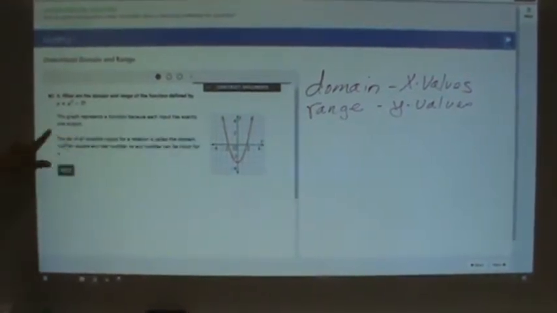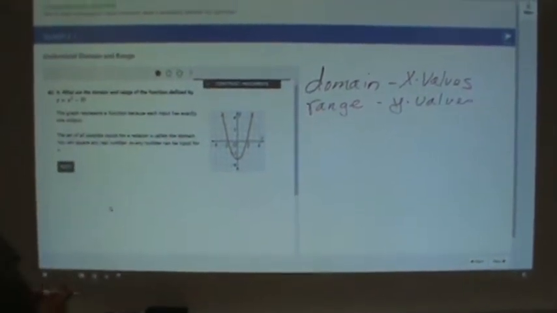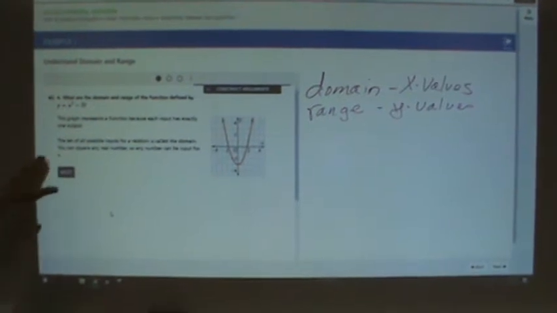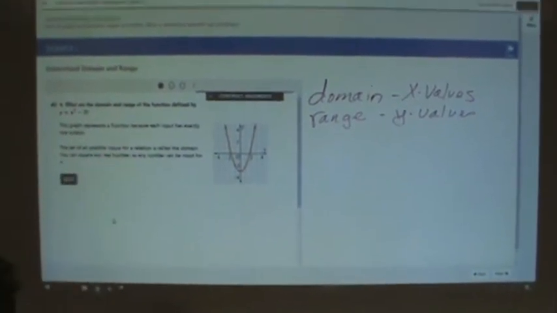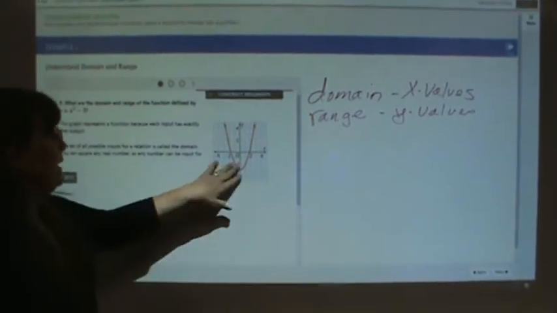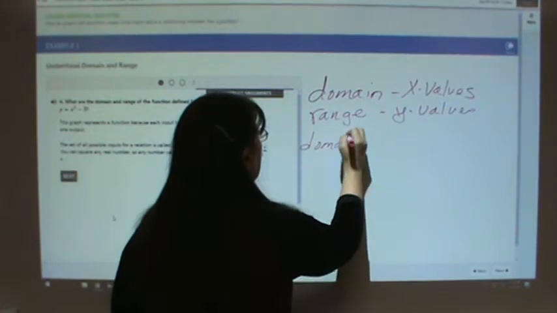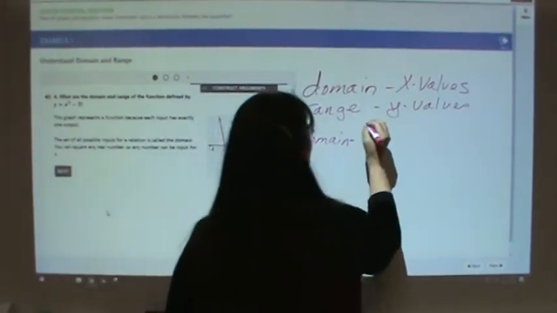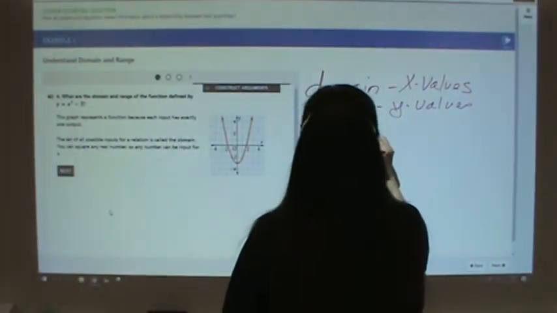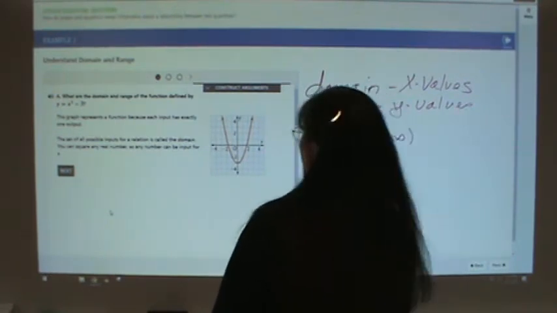Next. The set of all possible inputs for a relation is called the domain. So those are all of the x values. You can square any real number, so any number can be an input for x. So in other words, the domain of this function is going to be negative infinity to positive infinity.